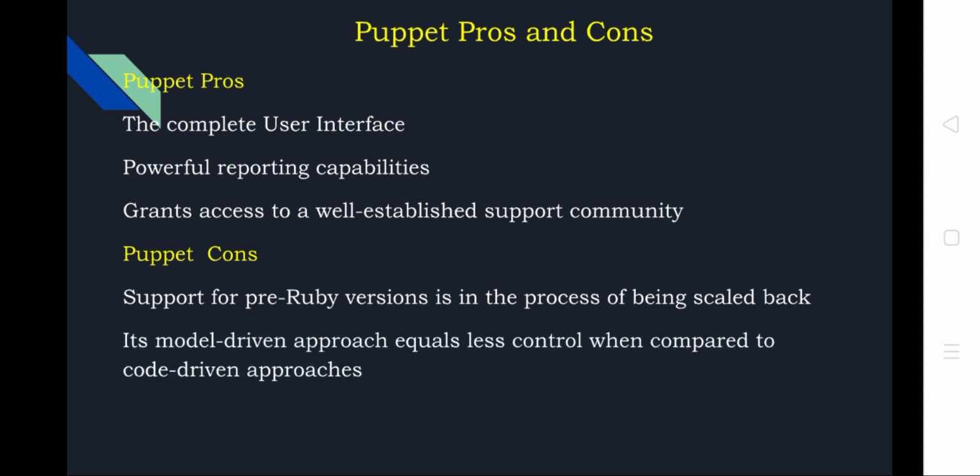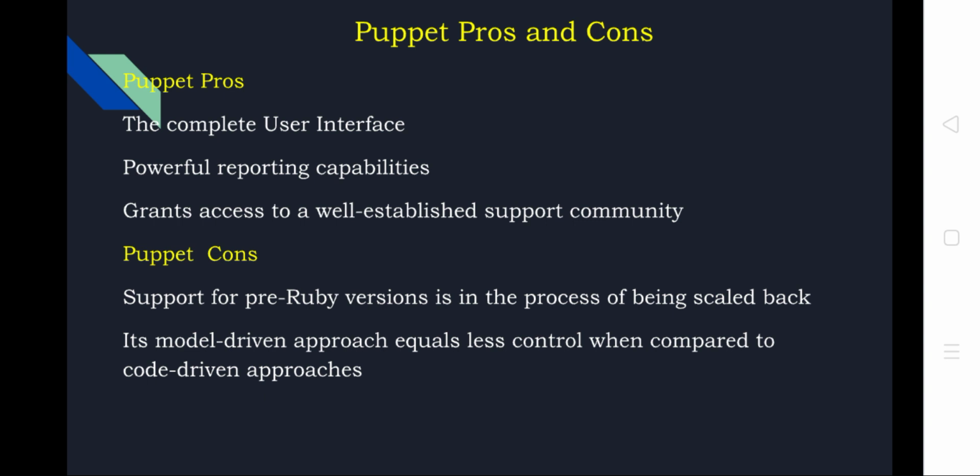Its model-driven approach equals less control when compared to code-driven approaches. The model-driven approach means the tool helps to configure the system by simulating a model which is already being done.